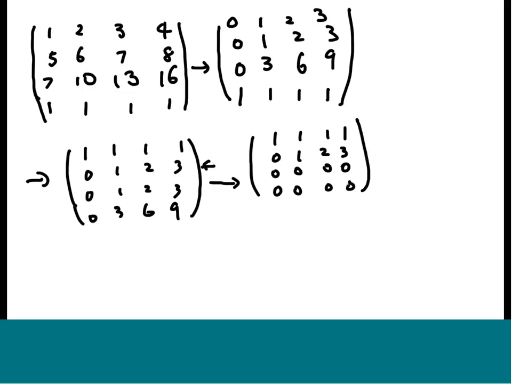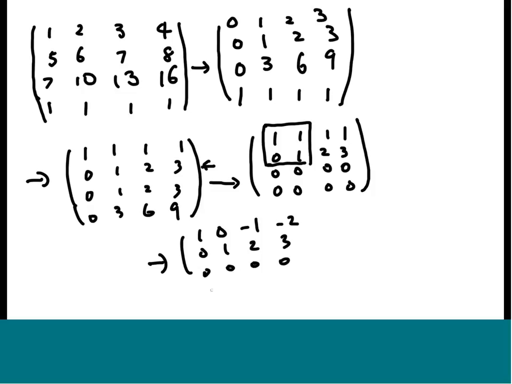You have 2 rows; it doesn't really matter. So we can get 1, 0, minus 1, minus 2, and 0, 1, 2, 3. You count how many ones are in the diagonal, that's all, or how many rows are not 0. So this one has rank 2.